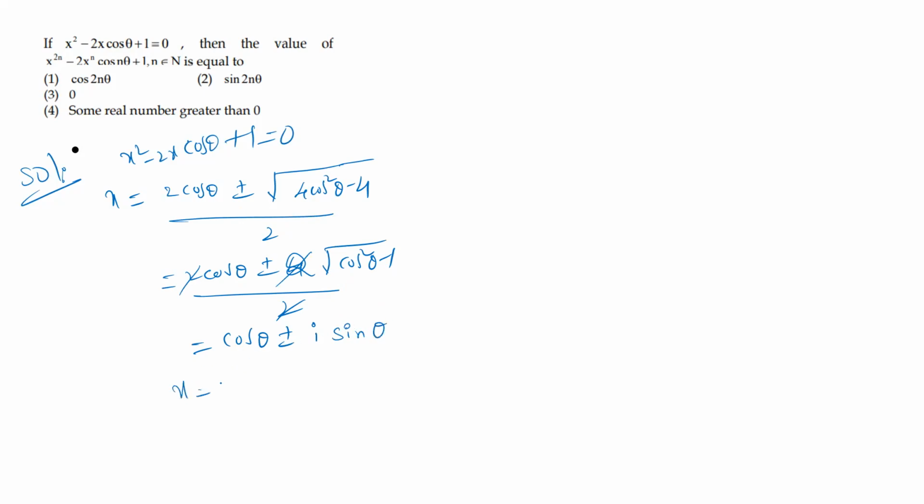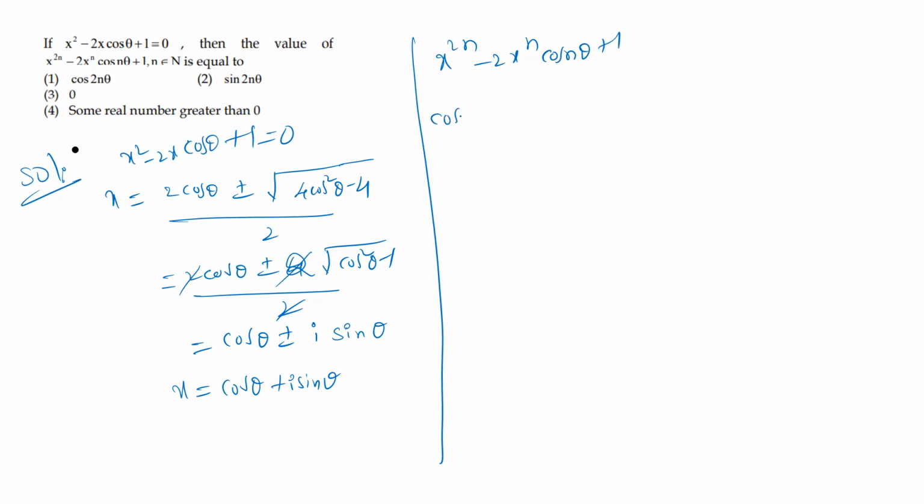Now in this we are taking only positive values, because natural number is given. We are taking n as only a positive term. Now x is cos theta plus i sin theta by De Moivre's theorem. x power n, we know, is cos theta plus i sin theta whole power n, by the formula cos n theta plus i sin n theta. Okay. x power 2n means cos 2n theta plus i sin 2n theta.